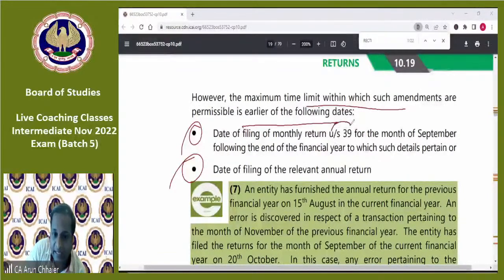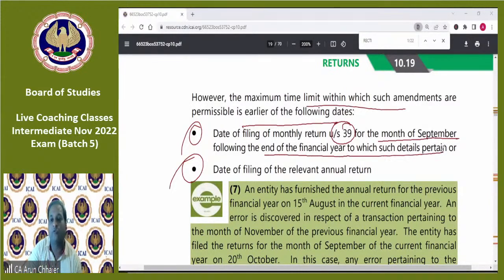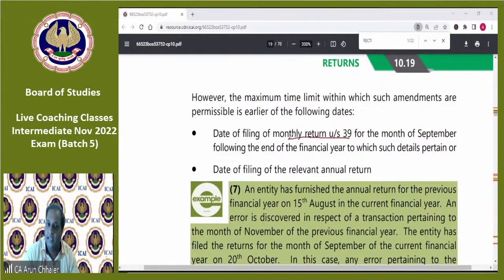Date of filing the return under section 39 for the month of September following the end of the financial year to which such detail pertains, and date of filing of the annual return, whichever is earlier. So it means I can do the correction within the financial year, or at maximum till September after the end of the year.